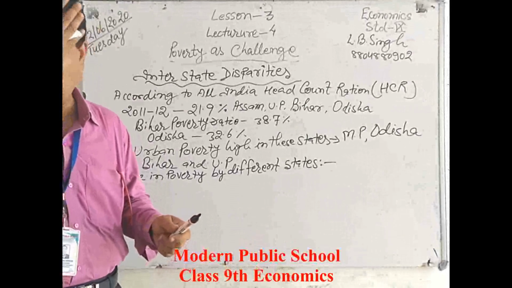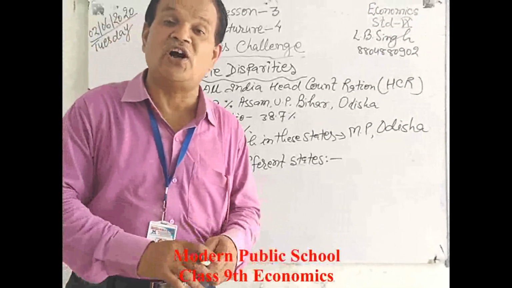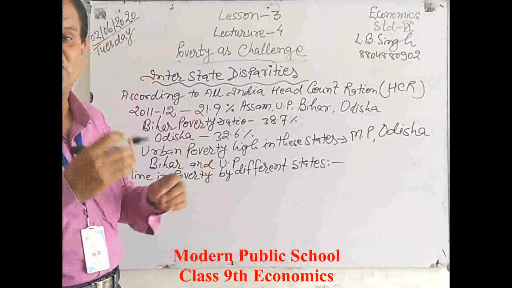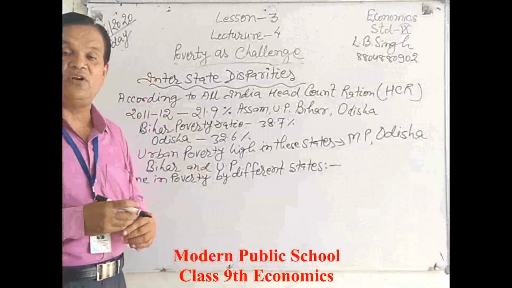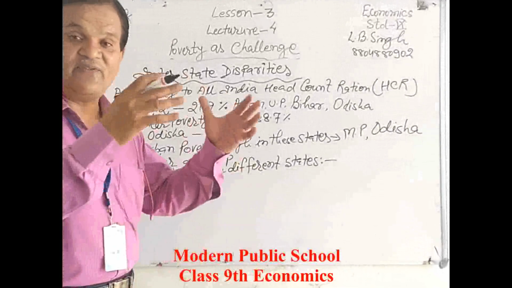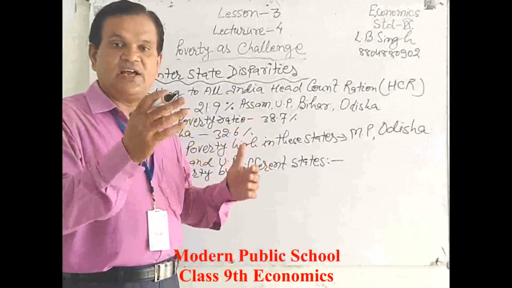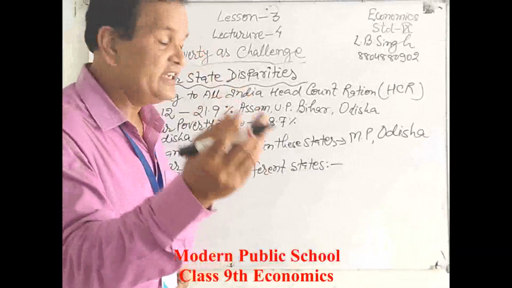Have you heard the name of Madhya Pradesh? Have you heard the name of Punjab, Haryana, Tamil Nadu, Andhra Pradesh, West Bengal? These states have utilized, invested their resources in different sectors to decline the poverty from the state.